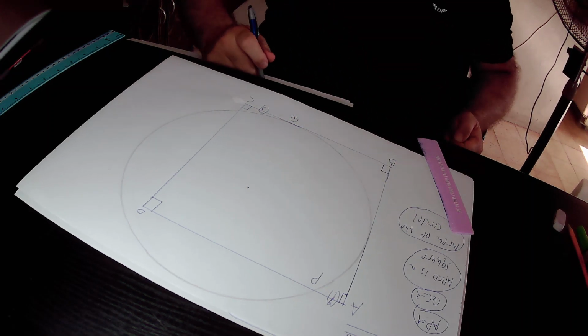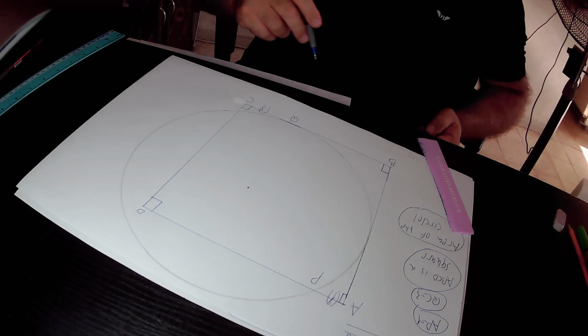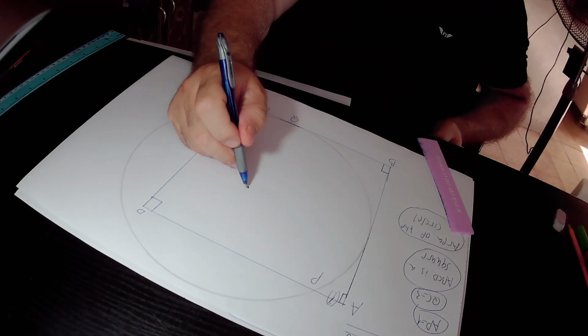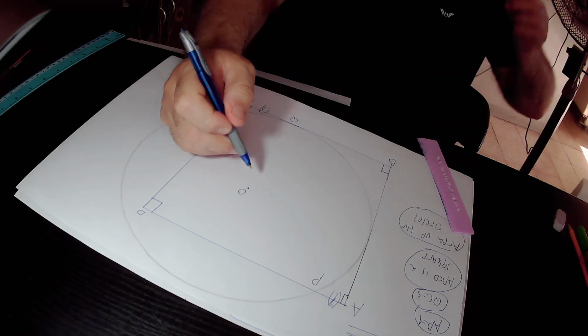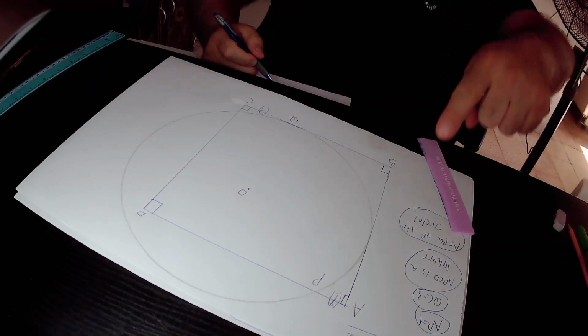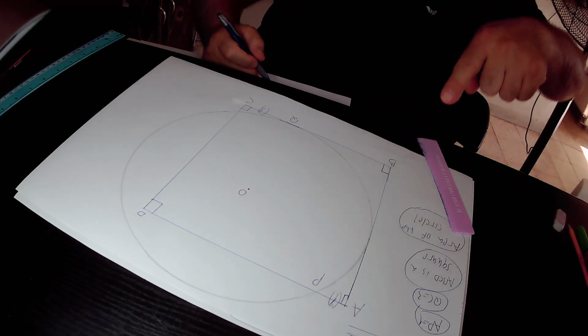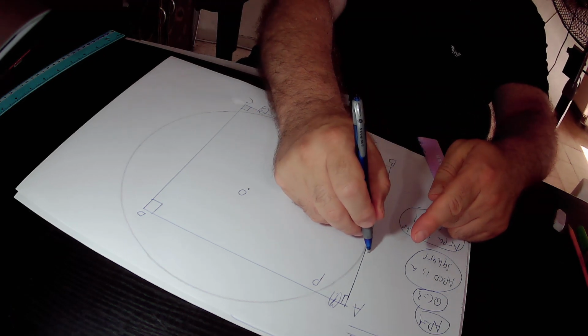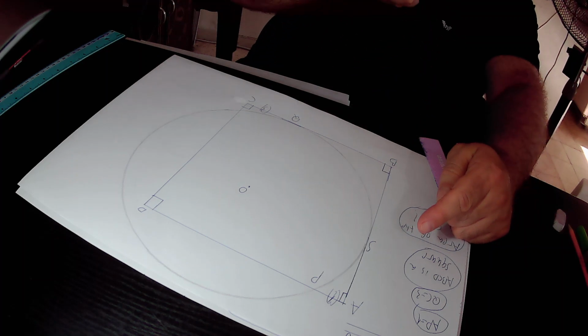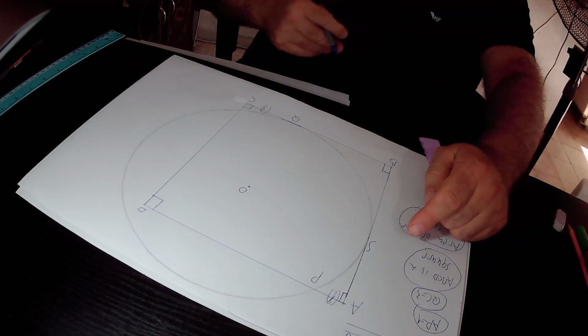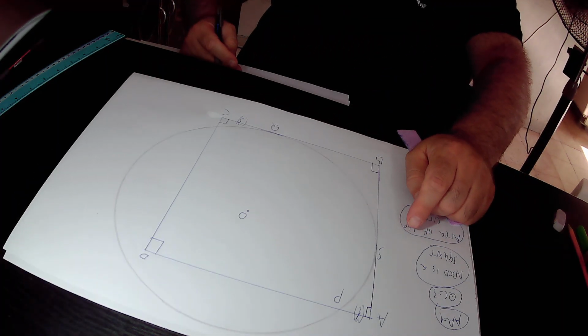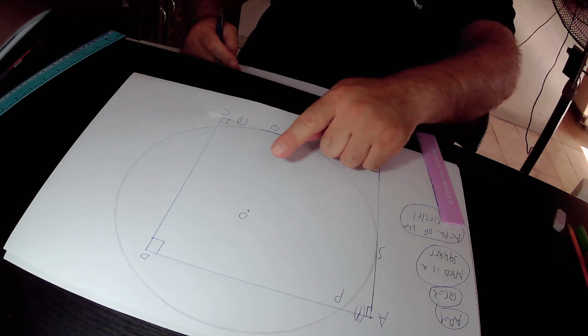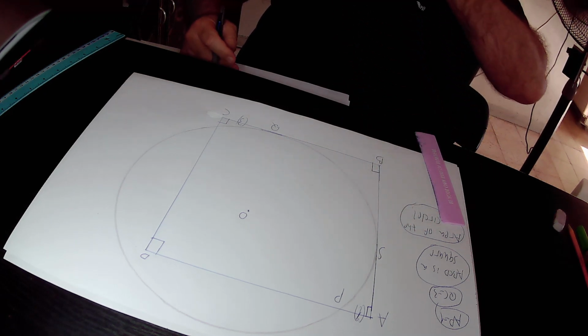In the next step, we define the center of this circle. This point is point O. We define the point of tangency of tangent AB with this circle. This point is point S. And we will join points O and S together by a straight line.